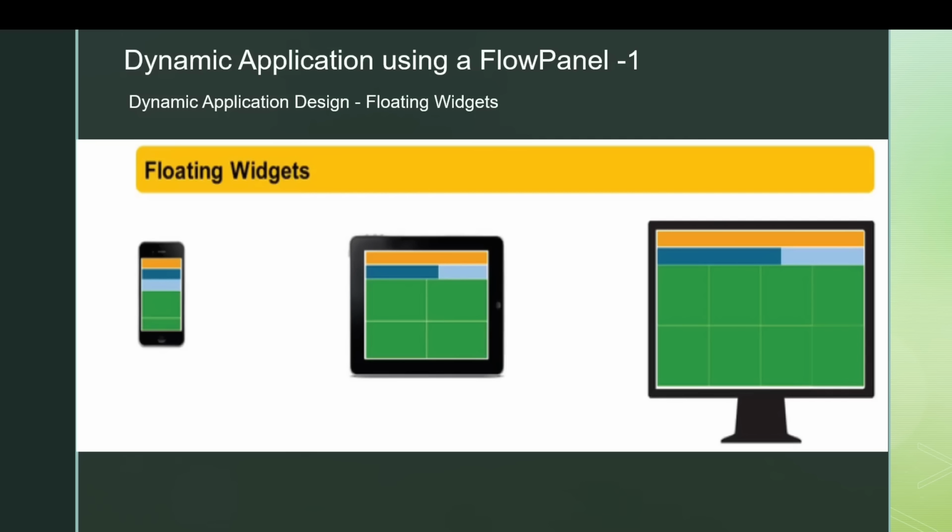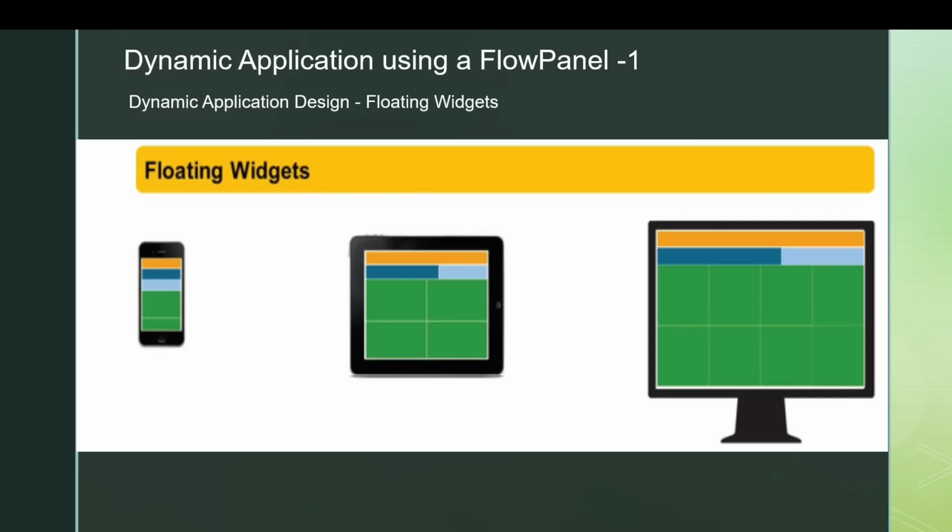So, floating widget. What do floating widgets do? In the floating widget, we specify the layout for mobile, for tablet, and for desktop. For mobile, it has a vertical one column, and if we have four widgets, all four widgets will be shown one by one in a vertical manner.